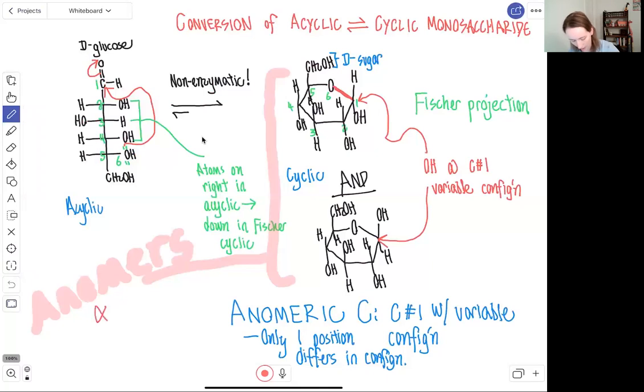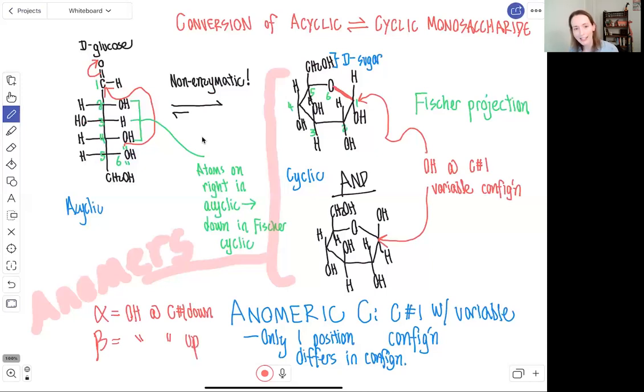So an alpha sugar has the hydroxy group at carbon number 1 oriented downward. Beta refers to that hydroxy group at carbon number 1 being oriented upward.